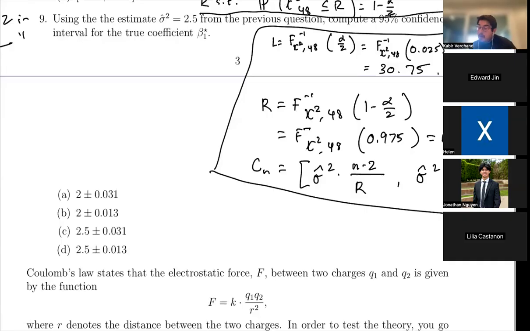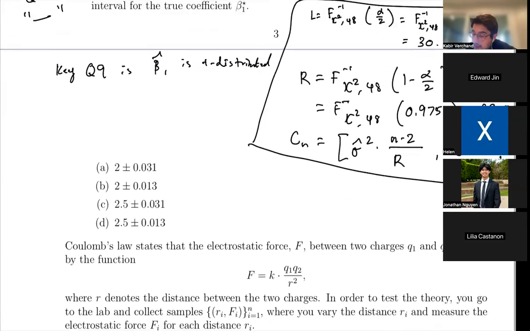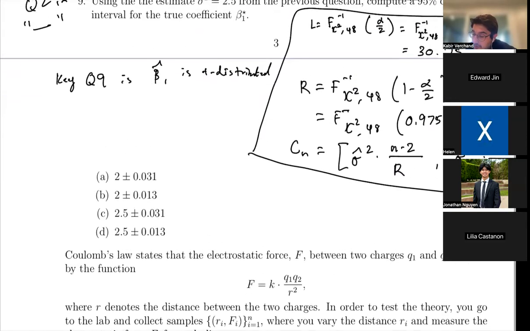Okay. Now, question 9 is the same drill as question 7, except here, the key for Q9 is beta hat 1 is t distributed. So if you plug in an estimate of sigma hat and you don't use the true value of sigma, now the coefficient beta hat follows a t distribution.